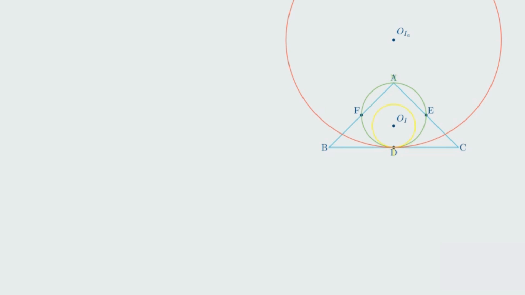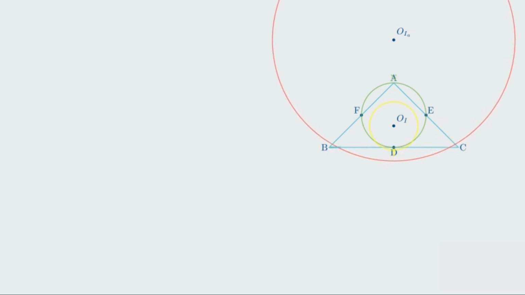For instance, the incenter, the excenter O sub IA, and the vertex A all lie on the angle bisector of angle A. Furthermore, the points O sub I, O sub IC, B, and O sub IA, O sub IB, C are all collinear, forming the sides of a triangle called the excentral triangle. This gives us a key insight.